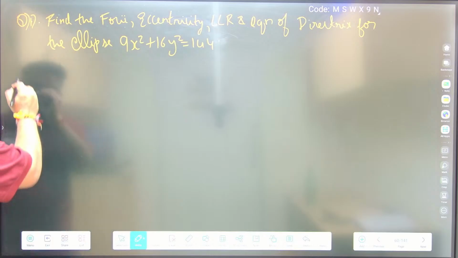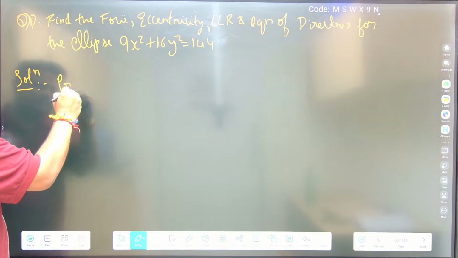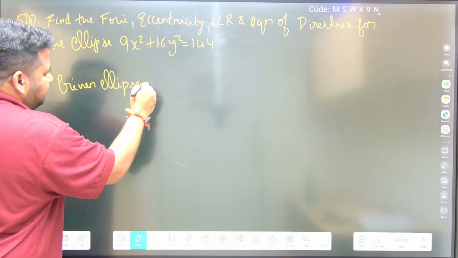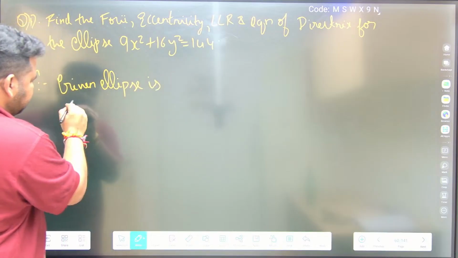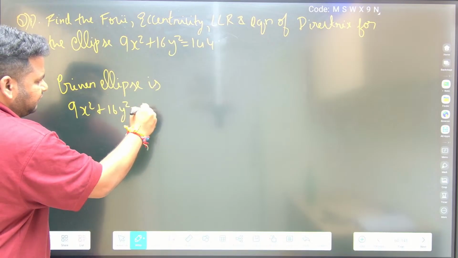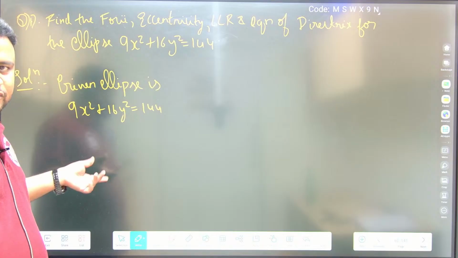Now solution: given ellipse, 9x square plus 16y square is equal to 144. But this is not the standard form, we have to bring it to the standard form.